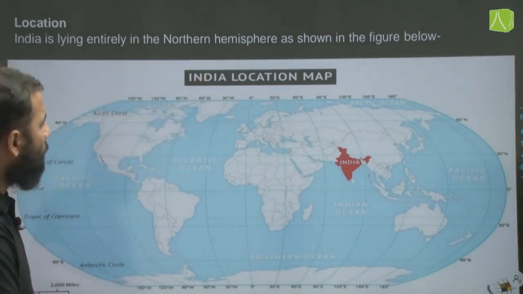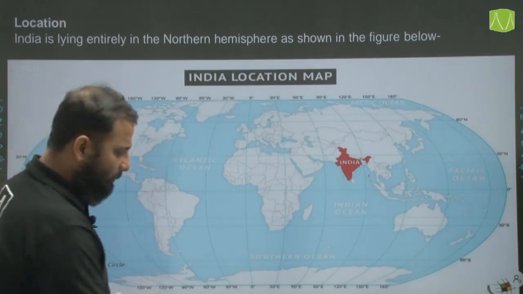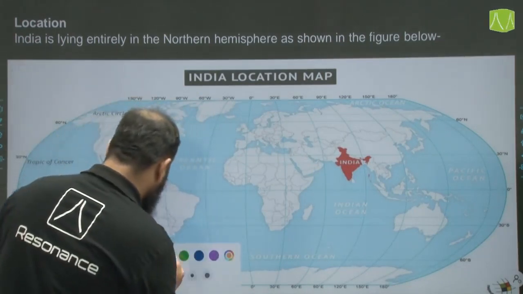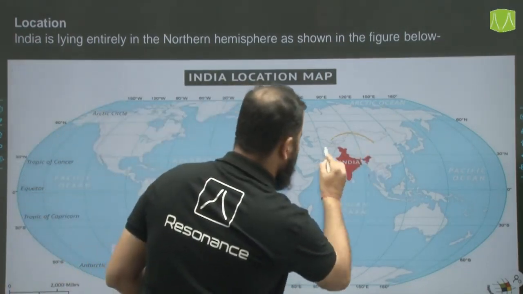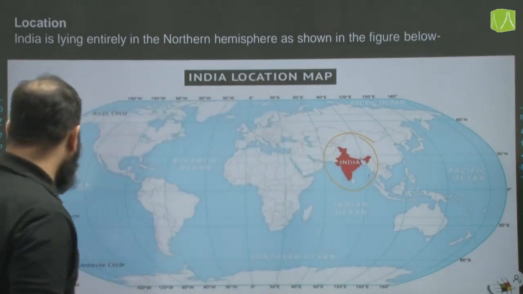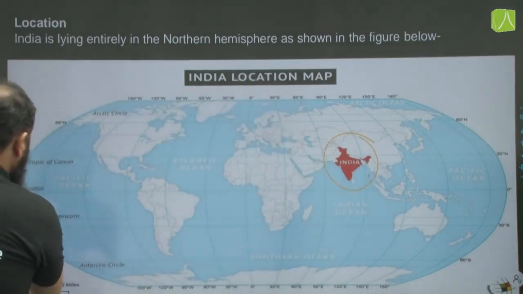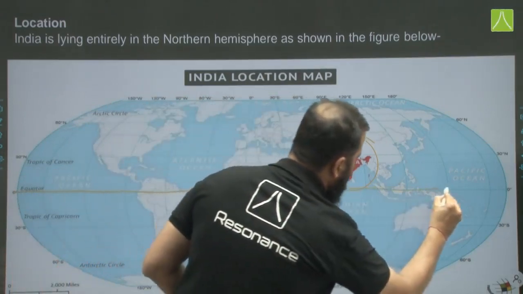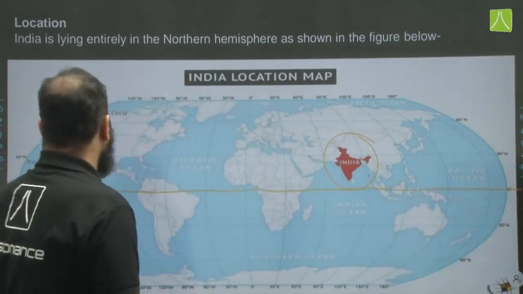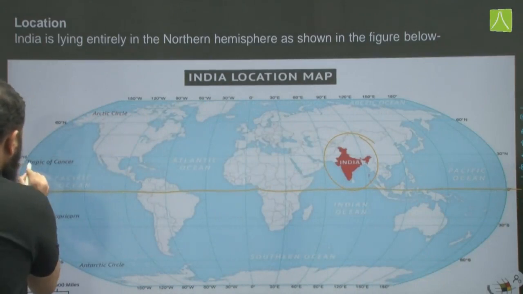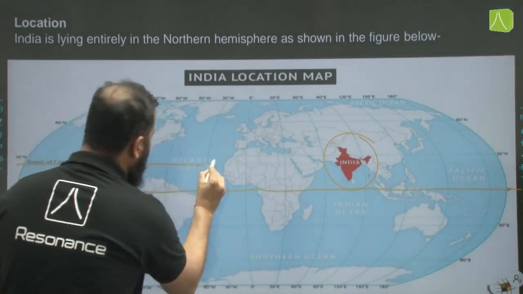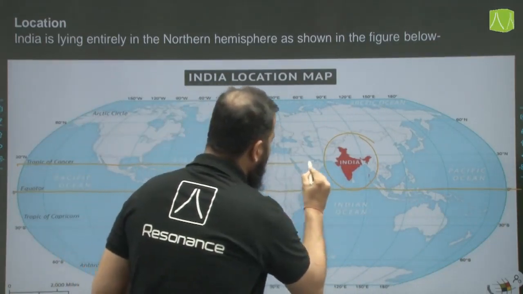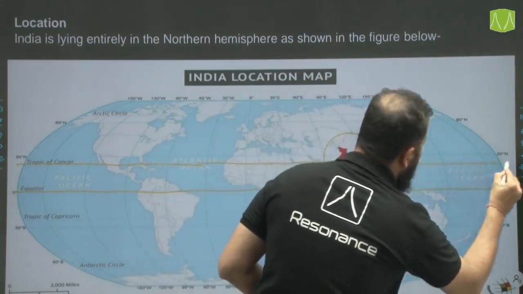Now in this map you can find India here. As you can see, this is the line of the equator, the 0 degree. And this at 23.5 degree north is the Tropic of Cancer, which again passes through India.